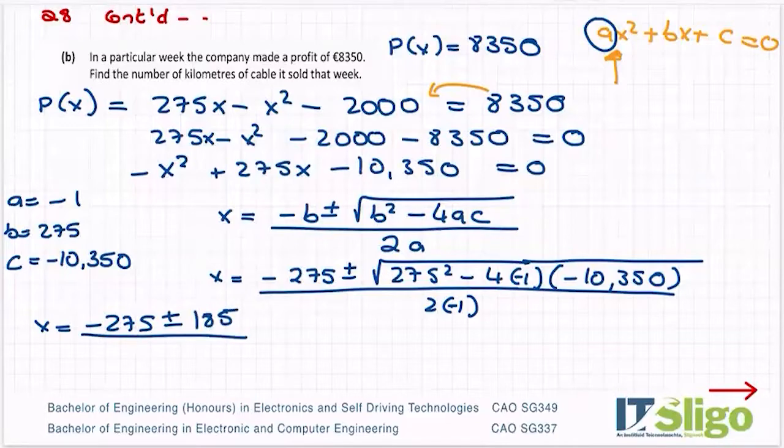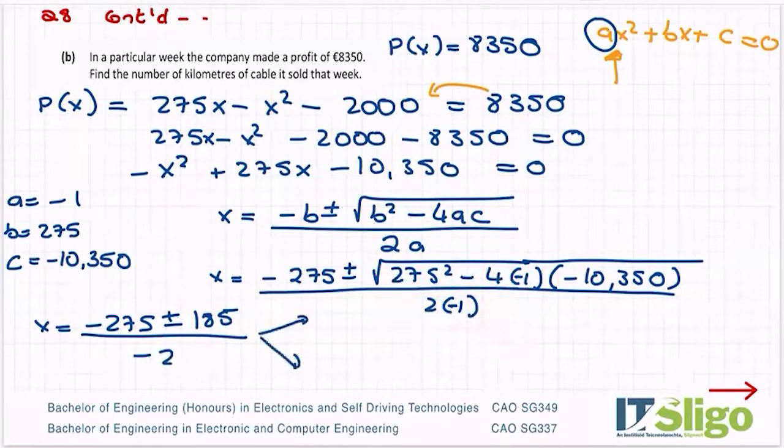Cool. And the reason I didn't like the square root sign or the decimal point in that one, not that you can't get a decimal point, but I'd find it surprising that they'd sell point something kilometres of cable. I would imagine they'll sell it in whole numbers. Of course that's over now 2 times minus 1, so over minus 2.